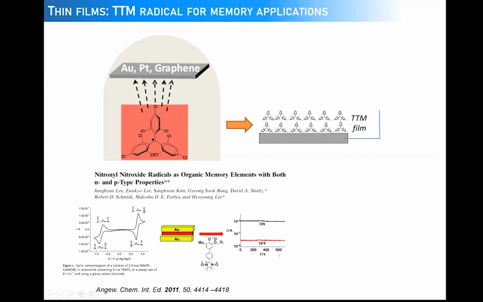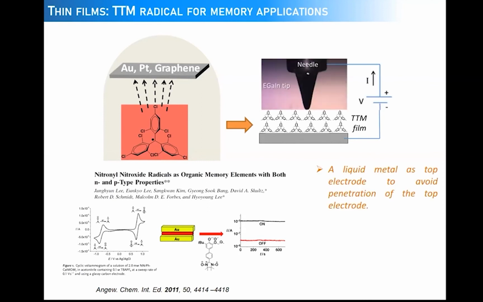But what we thought, since we had the technique here in our lab, is to use, instead of evaporating a gold or a metallic top electrode, which can sometimes lead to the penetration of some metallic atoms into the organic film, this liquid metal as a top electrode, because it permits a soft contact with the organic layer.